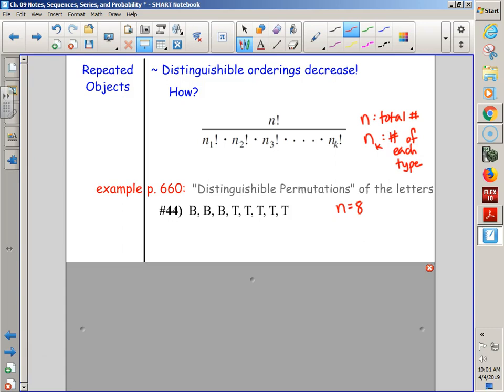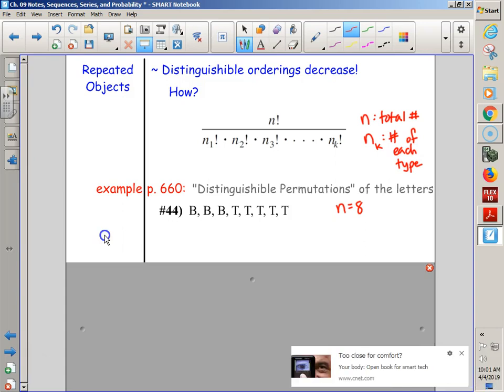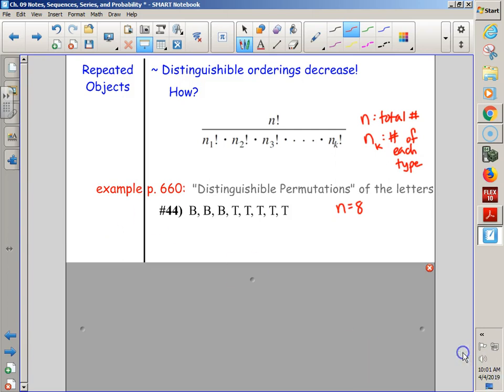I mean, in a license plate, that would be different, because we'd have numbers and letters. But here, the little N1, N2, N3, the number of each type. I'm playing with my pen, I'm sorry. I shouldn't hold pens that have tops. If N is the number of each type, well, guys, what types of letters do we have? B's and T's. So if N sub K stands for the number of types, we only have 2 types, right?